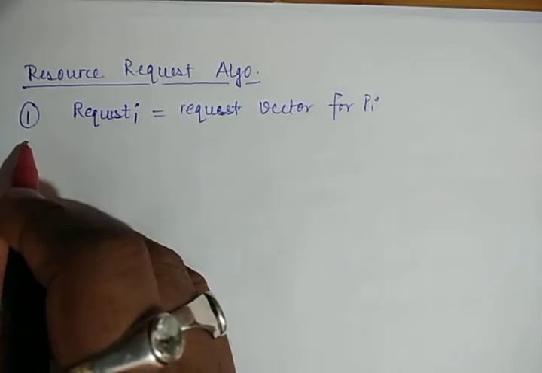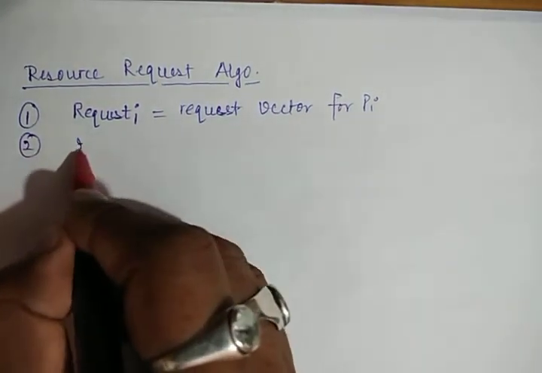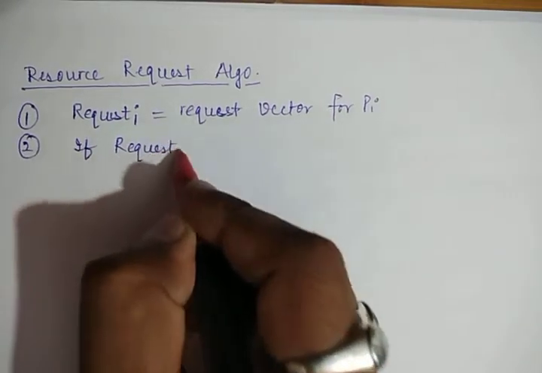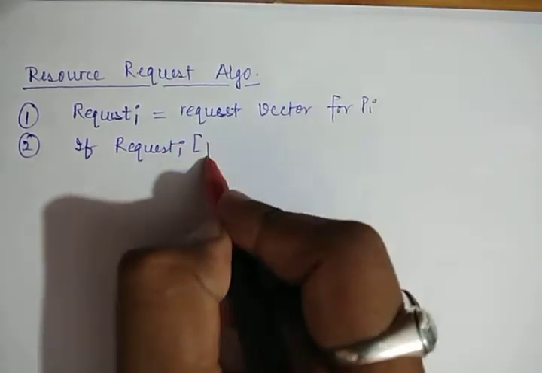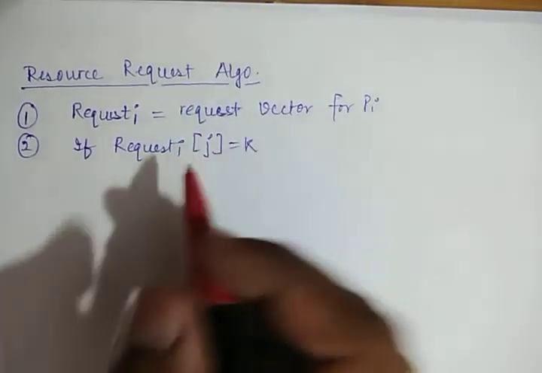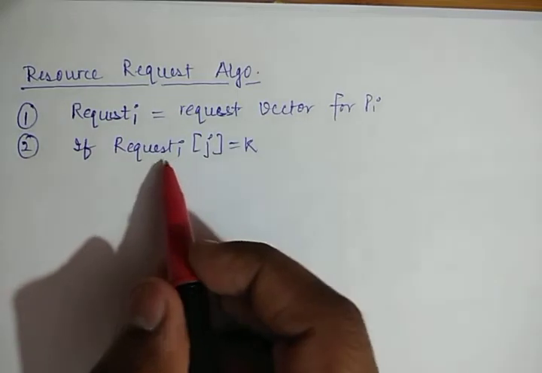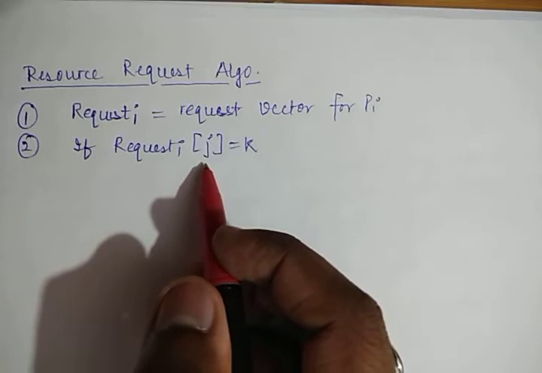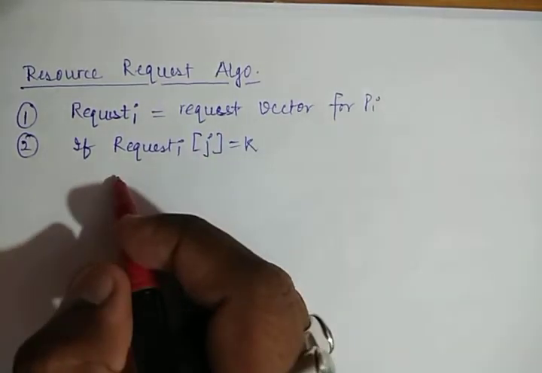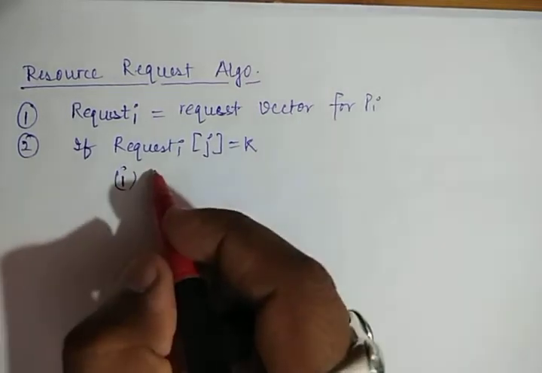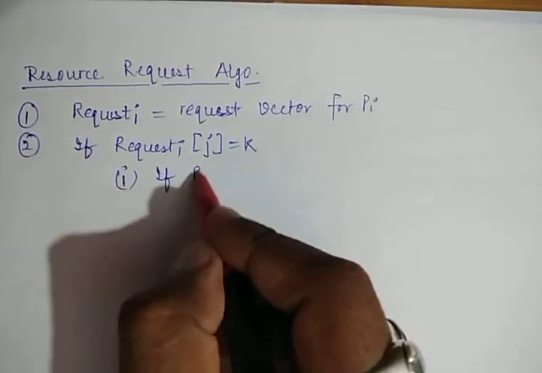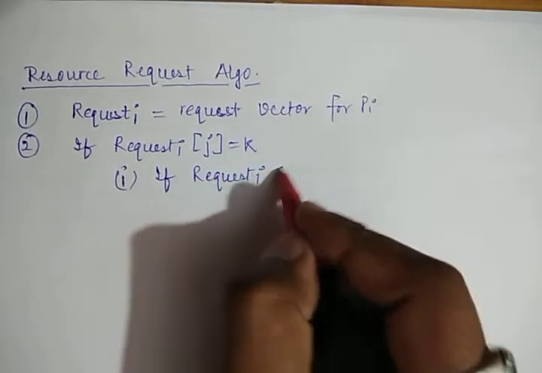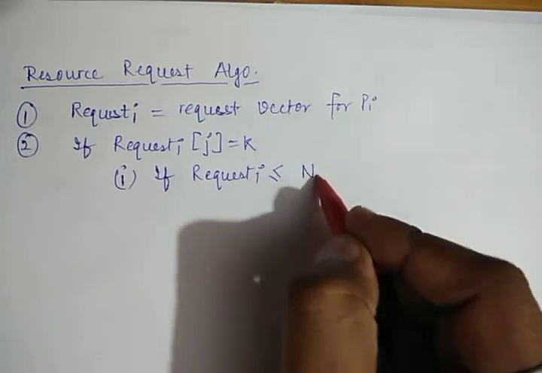In step number 2, we check if Request i of j equals k. What does it mean? If process Pi requests k instances of resource type j, then check if Request i is less than the Need of i.